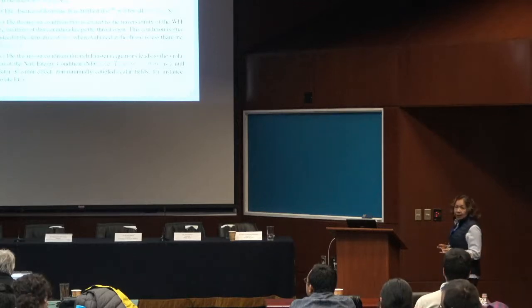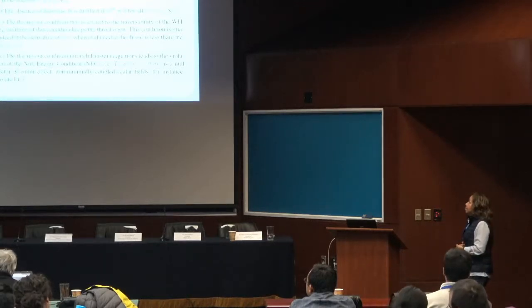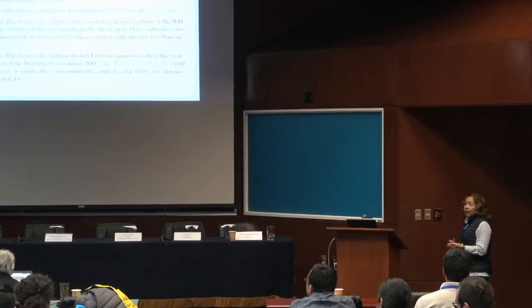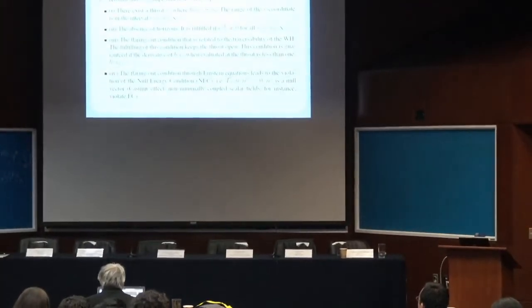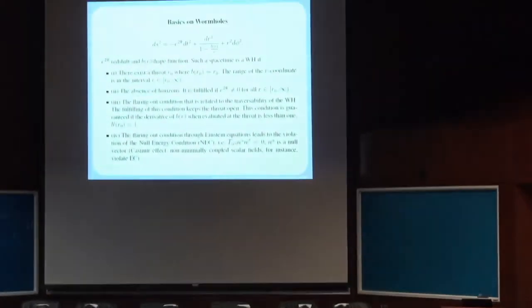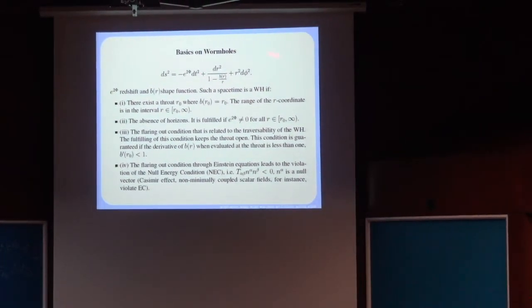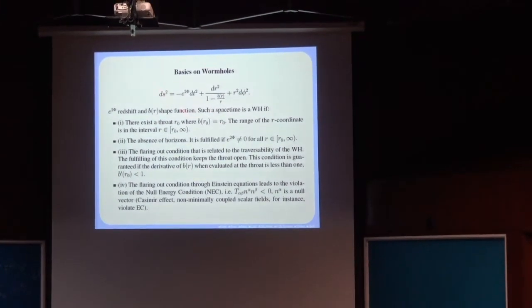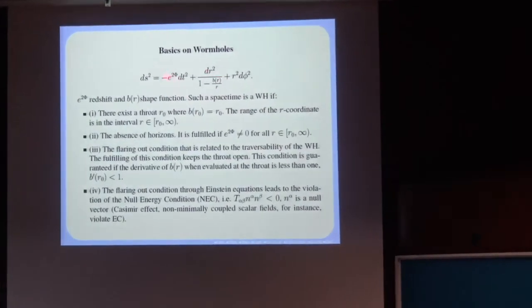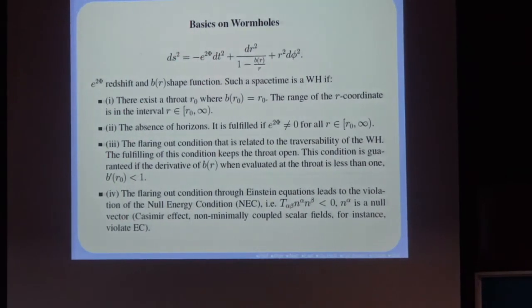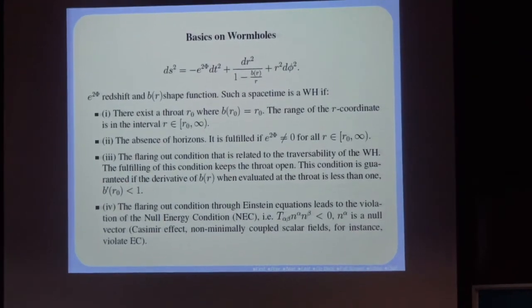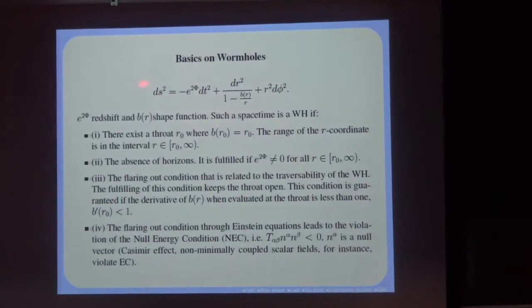So as I said, we found a solution to the Einstein equations that can be interpreted as a wormhole. So this is the line element characteristic of a wormhole in 2+1 gravity. There is a function that should never be 0. This is not a black hole.